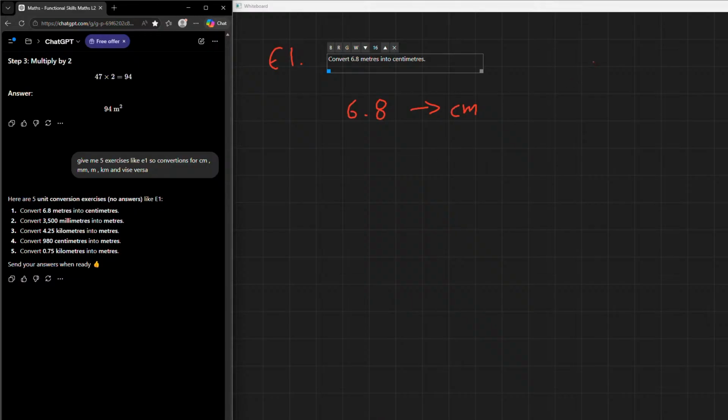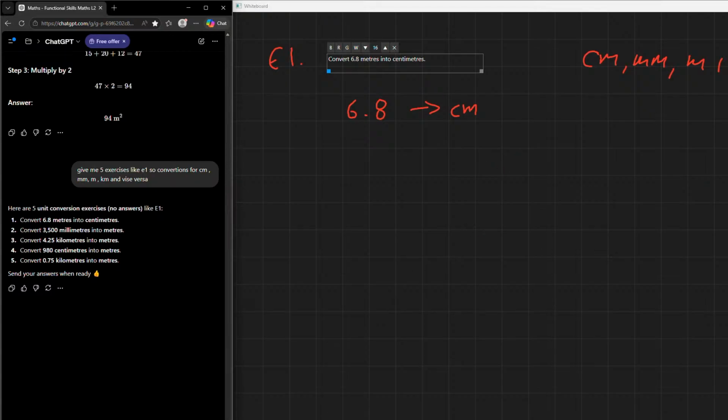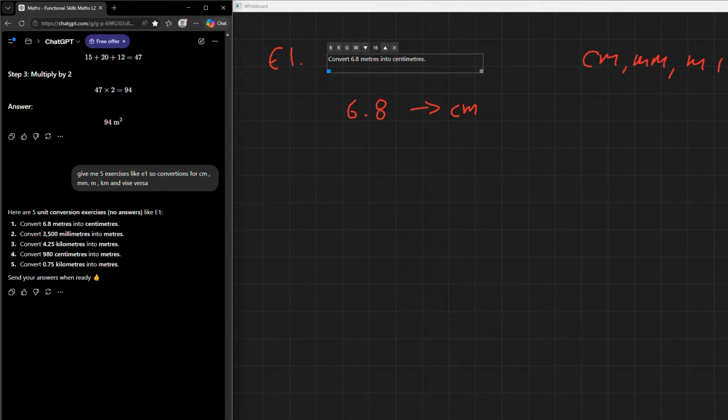So if I remember correctly, it was millimeter, meter, and then kilometer. I just need to recall that.